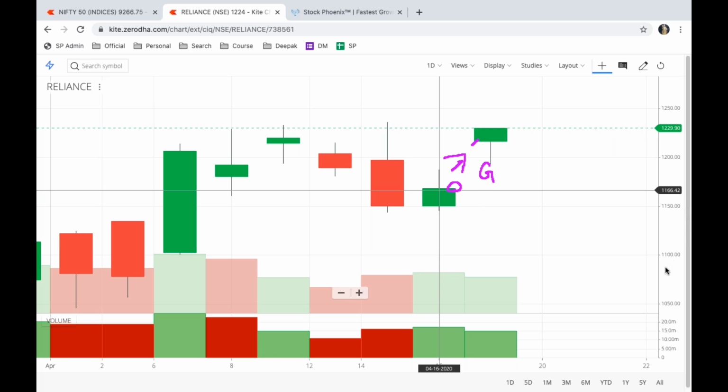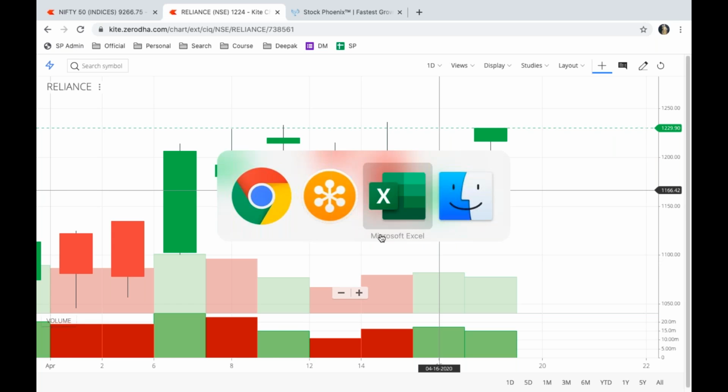Okay, if yesterday's close is greater than today's open, that will be green. If yesterday's close is here, and today's, sorry, it's not today's open, today's current market price or the closed price. Okay, let me put it in my Excel itself, the full description.